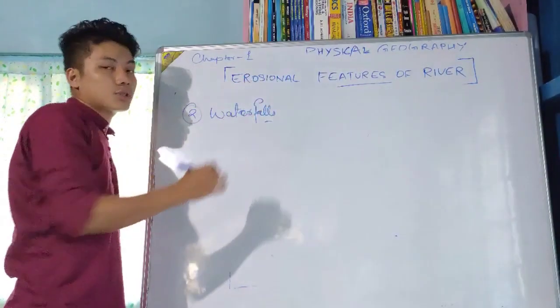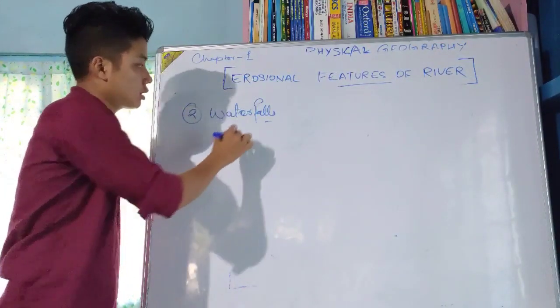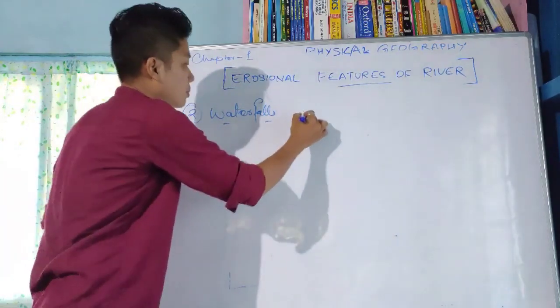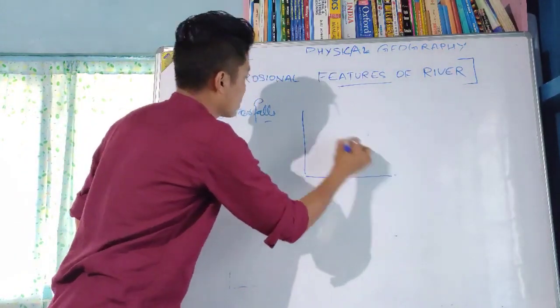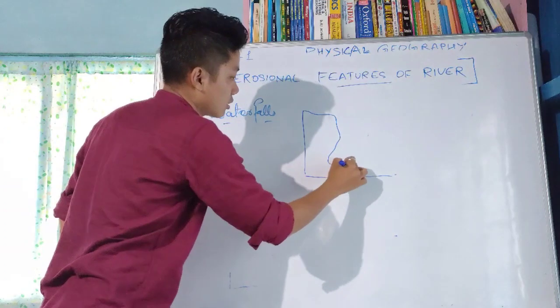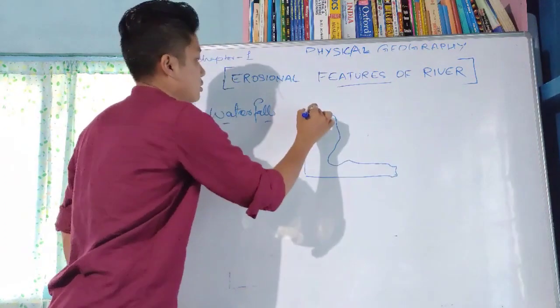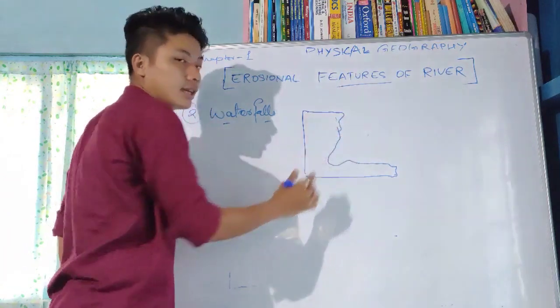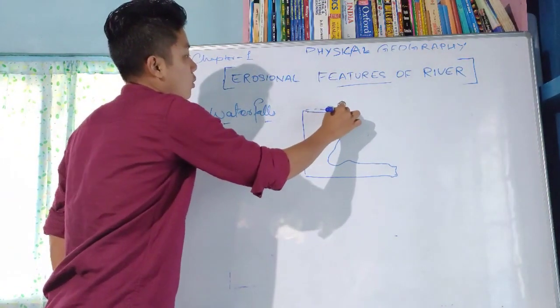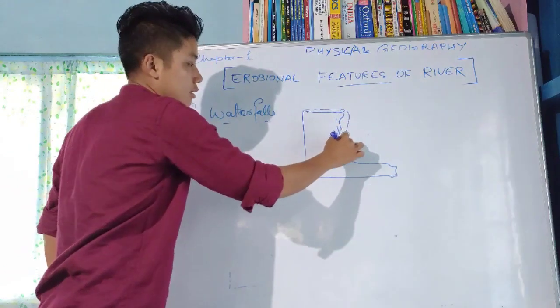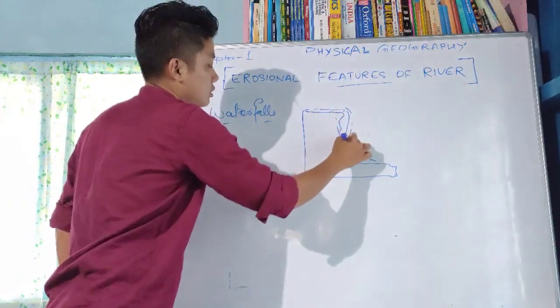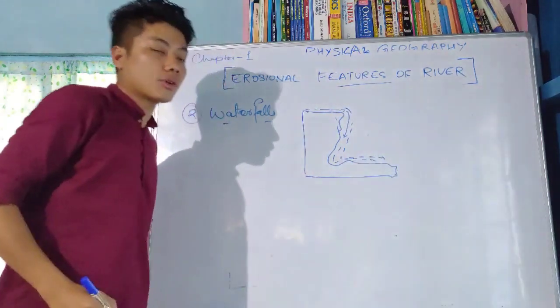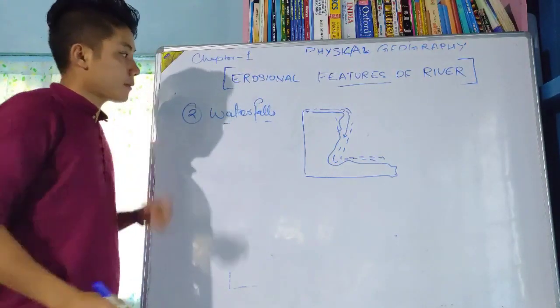Number 2 erosional feature of the river is waterfalls. So what are waterfalls? You have to make a diagram in your exam paper. Basically in hilly areas, when the river water falls from a certain height under the influence of gravity, it is called a waterfall.